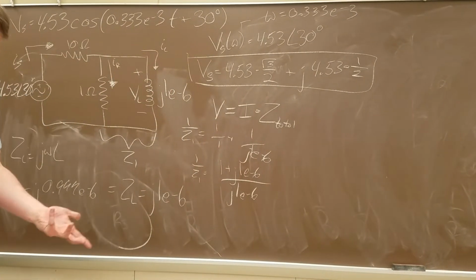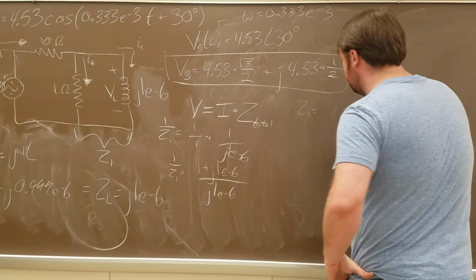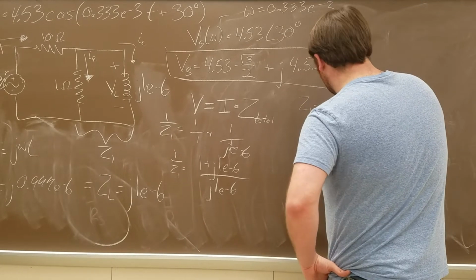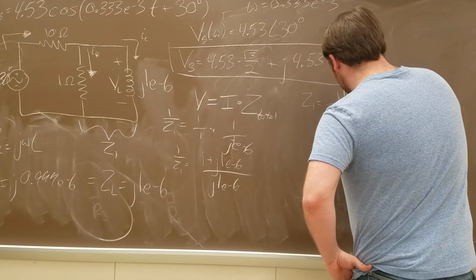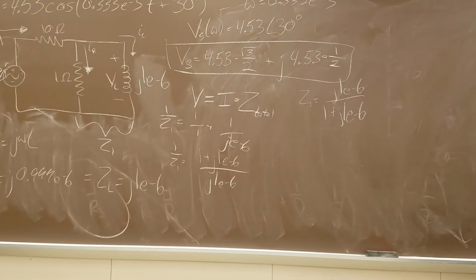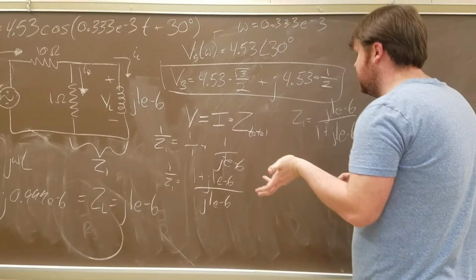We're going to invert that, so we're going to get Z1 is equal to J times 1 e negative 6 over 1 plus J times 1 e negative 6. Easy enough. So then our next one, the total would just be 10 plus that.